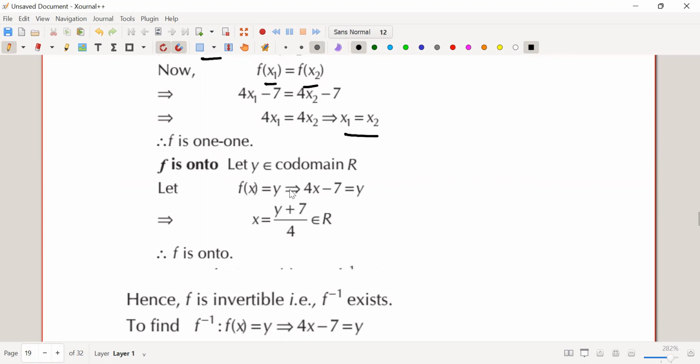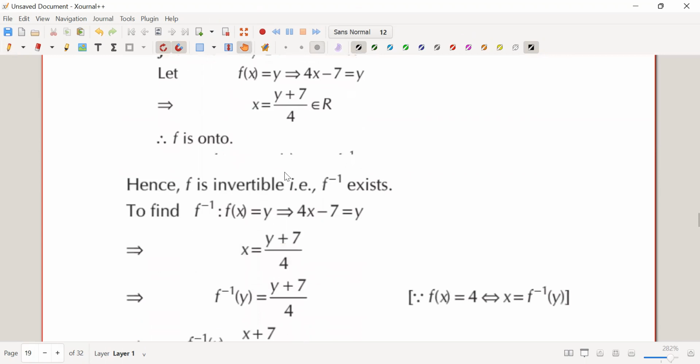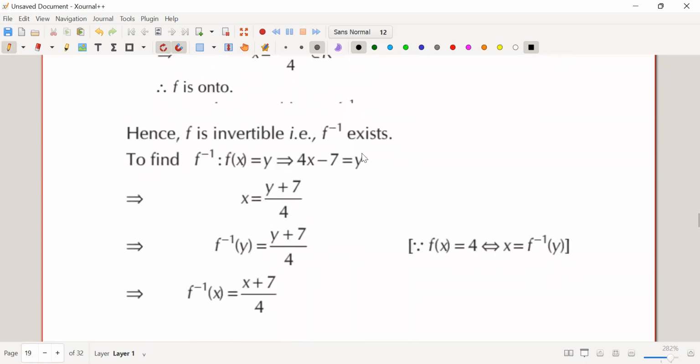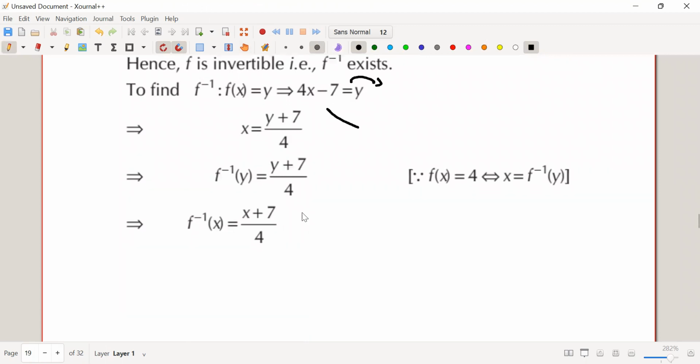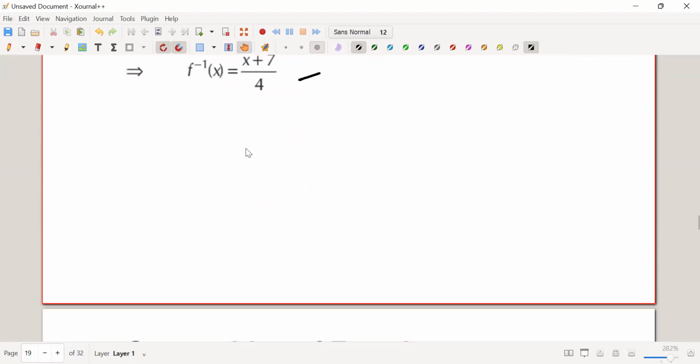Then it is invertible. So the result would be equal to y minus 7 divided by 4. When I substitute x as y, automatically I will be getting the result.